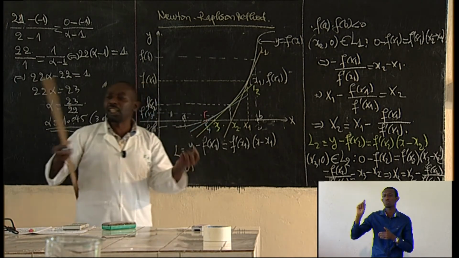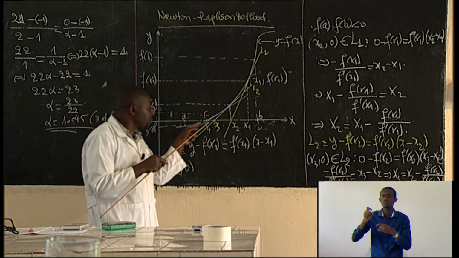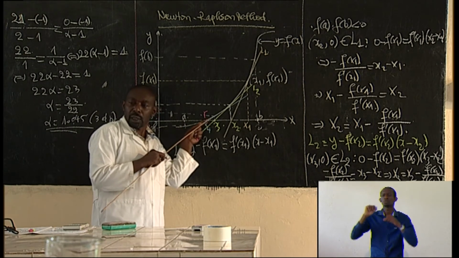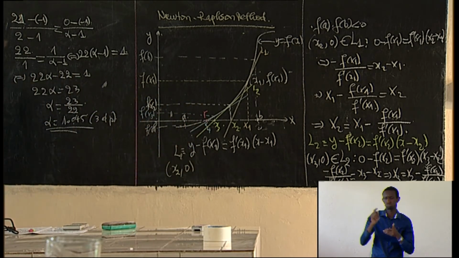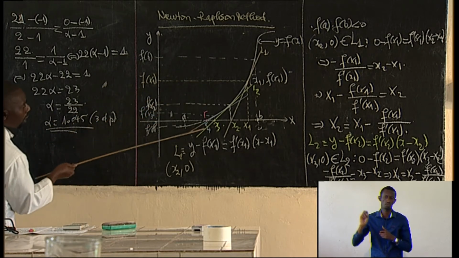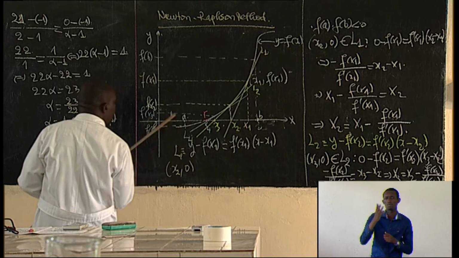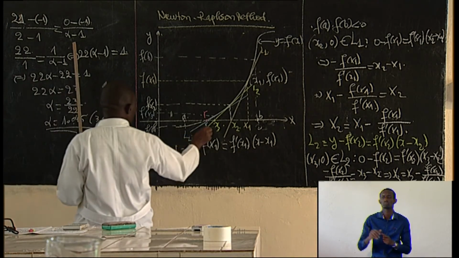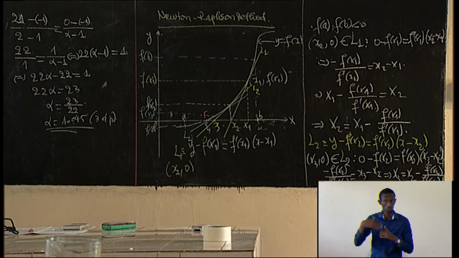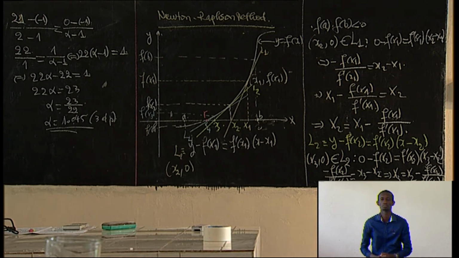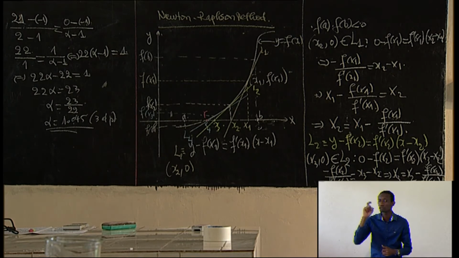As we make many tangents, we are approaching the root. Means that using the same method, the equation for L4 and solving for x4, we shall have x4, which is equal to x3 minus f of x3 divided by f derivative of x3.